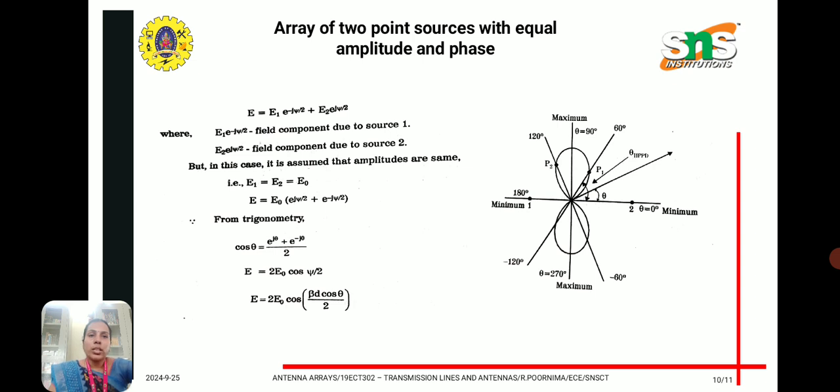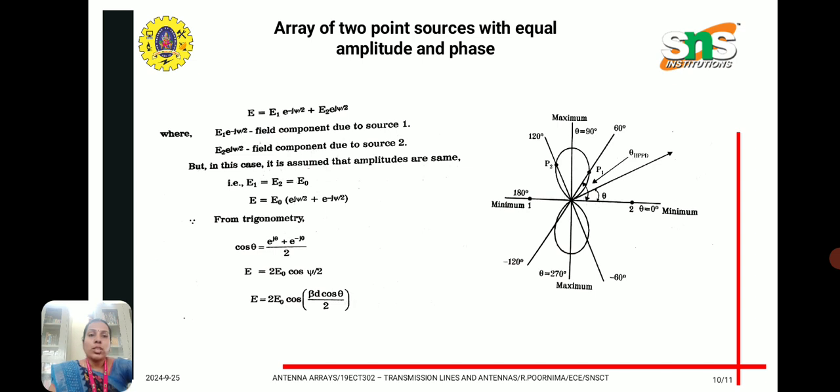So we can write the amplitudes E1 and E2 as equal to E0 and rewrite the above equation using E0 as E0 times e power j psi by 2 plus e power minus j psi by 2, and we use the trigonometric formula for cos theta. We rewrite the equation of the electric field as 2 E0 cos psi by 2.